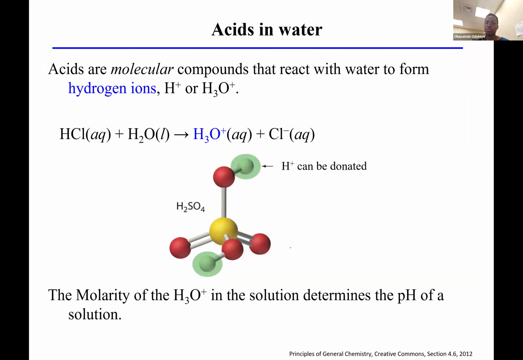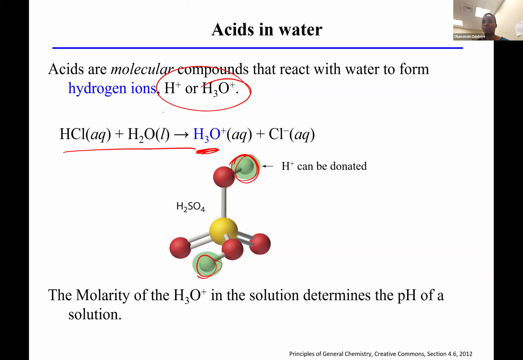Big idea here is just looking on the molecular level, on the molecular scale, at how acids donate protons in water. So for example, here, this H can be donated, technically this H maybe too, but donate an H in solution to give you the hydronium or the hydrogen ion. So you'll see these used interchangeably.